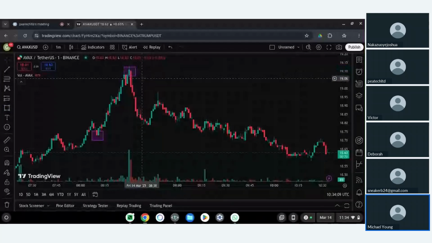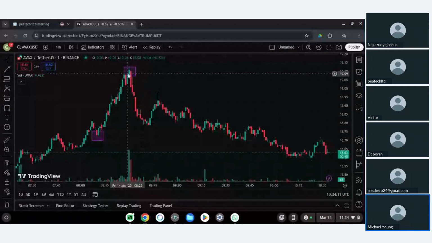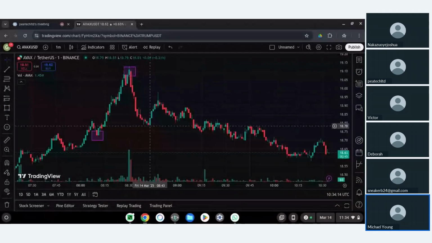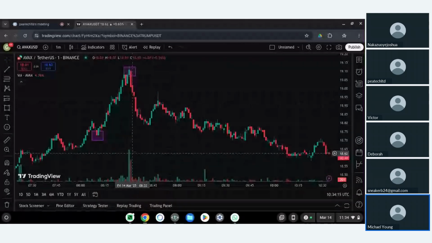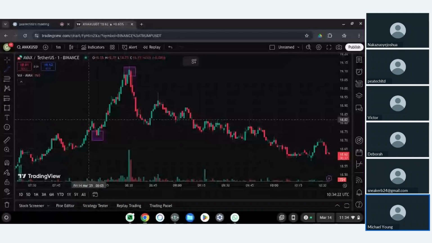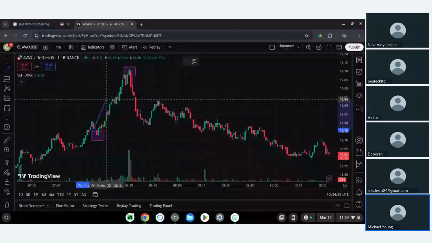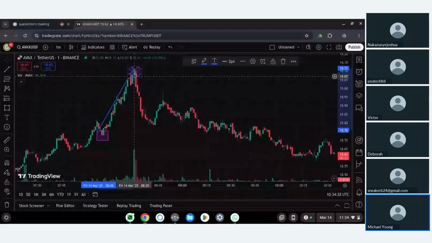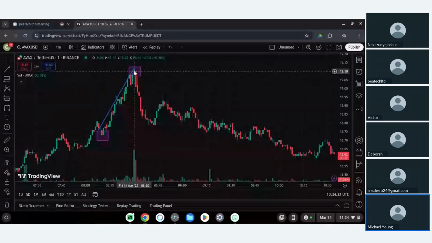There was a resistance for the market here, which will push it downward further, but it could not meet up to the support zone here. So there's a trend here that it went up here. The market went up here and it came down here.